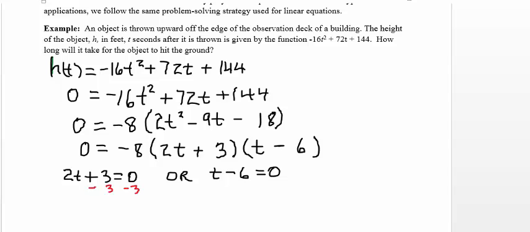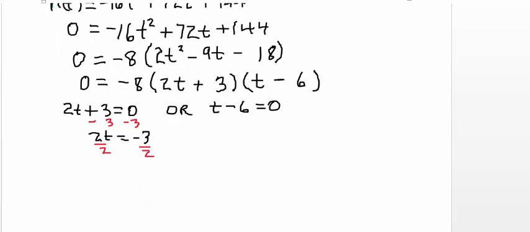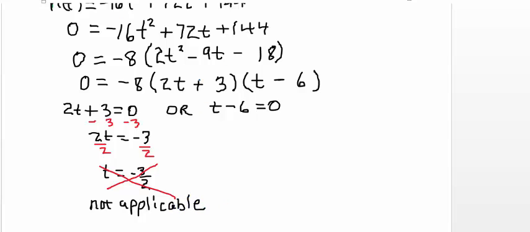Now when I go to solve 2t plus 3 equals 0, I get t equals negative 3/2. And I have to actually discard this because this is an application, and t represents time. T needs to either be 0 or positive. So this solution solves the equation but isn't applicable for the problem.